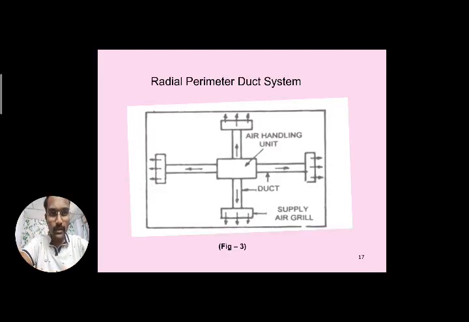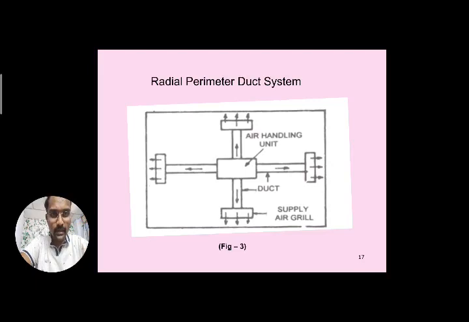There will be ducts on different sides, and at the central portion you can see the air handling unit. All the types of air, like conditioned air, fresh air and return air, are collected, and all the duct systems start or end at this air handling unit.